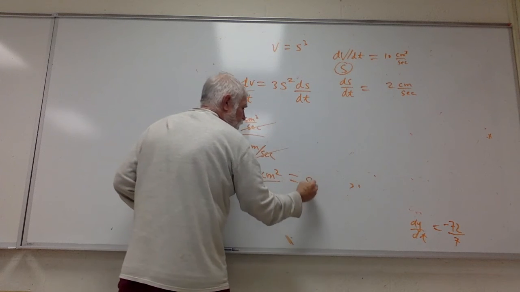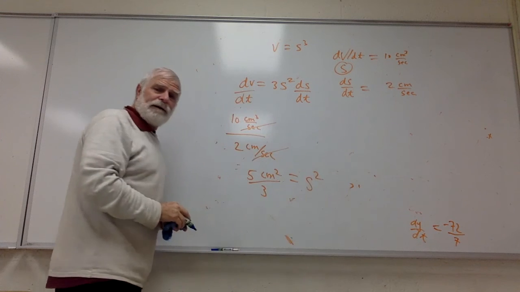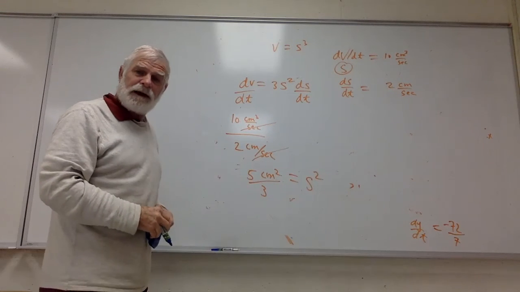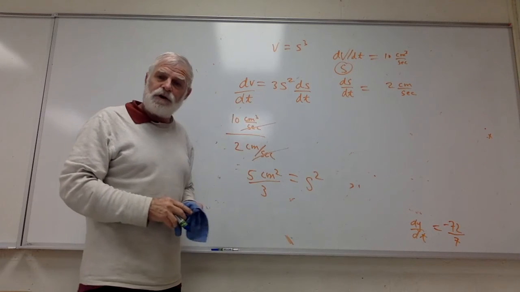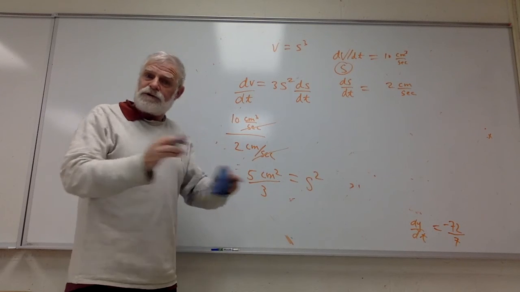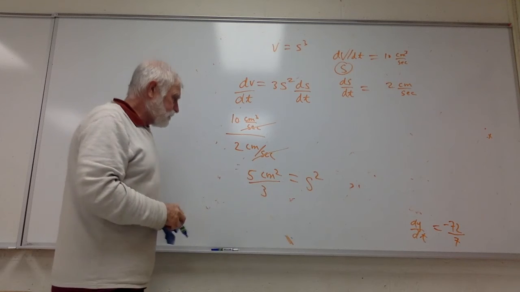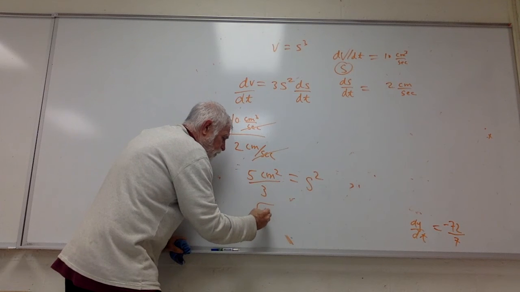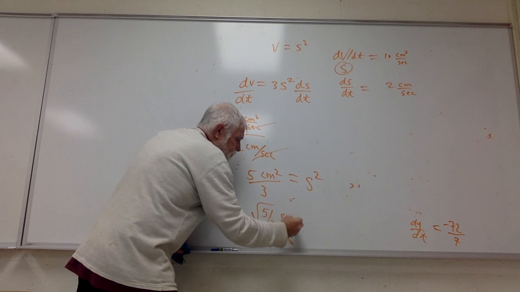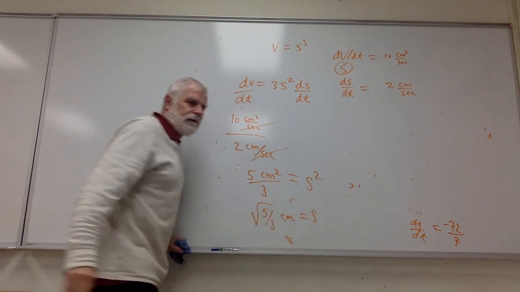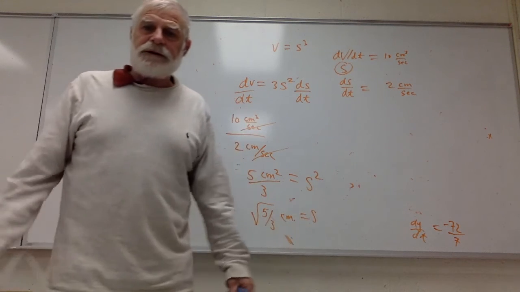And that's s squared. I kind of like that because when I take a square root, I get centimeters. And I think that should be what the side of the cube should be written as, a certain centimeter length. So what is it? Square root of 5/3 centimeters is our side length in that particular instance.